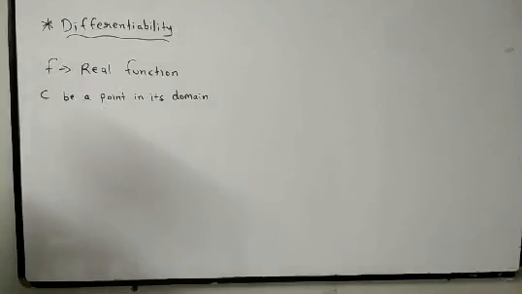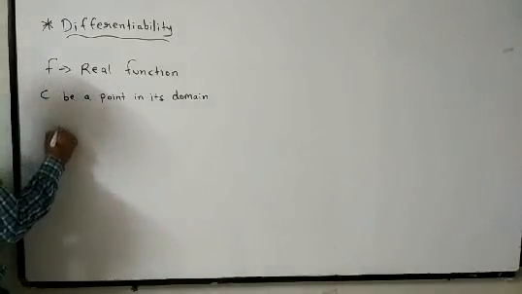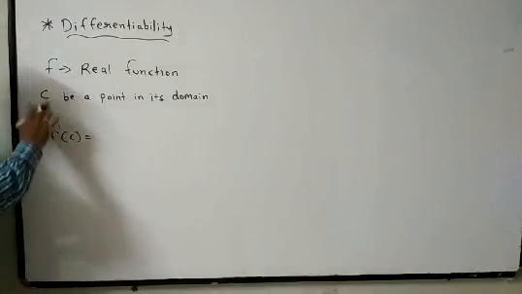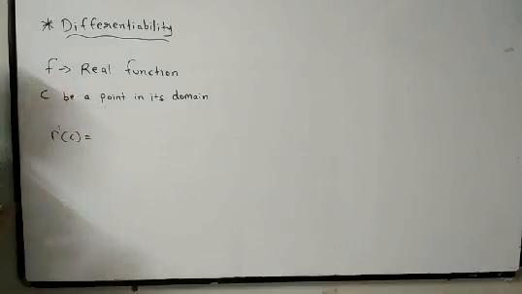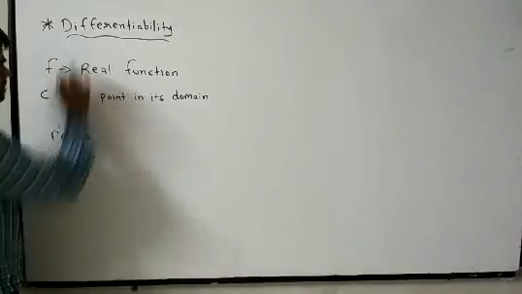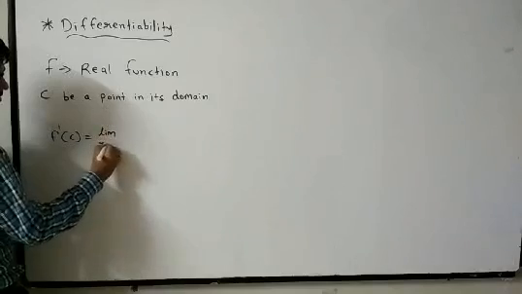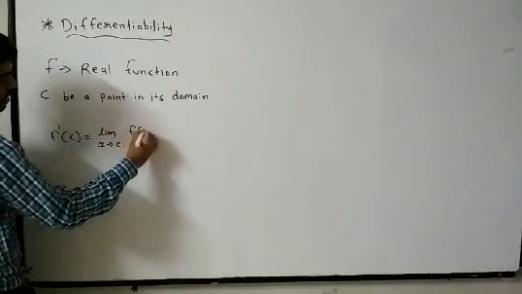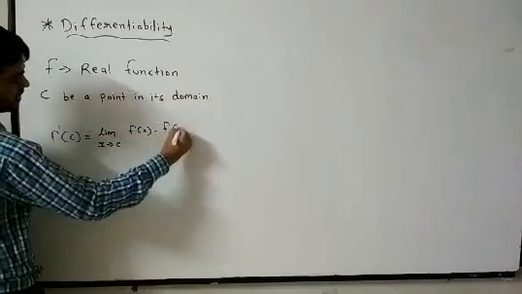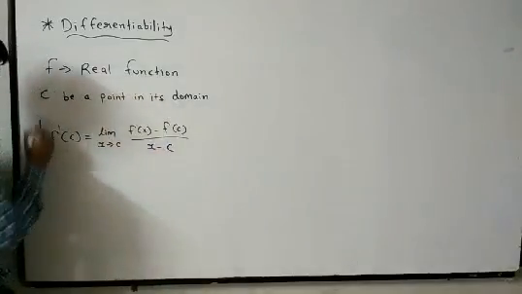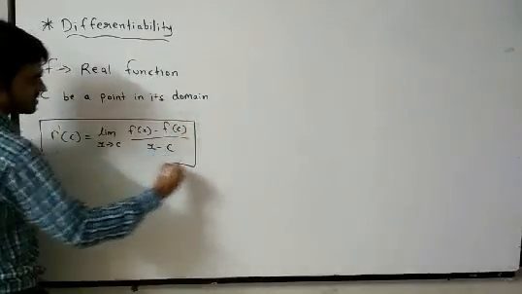Then f dash of c, f dash of c means this function at point c, its differentiation, okay, its differentiation, that will be limit x tends to c f of x minus f of c. See, this is a definition.